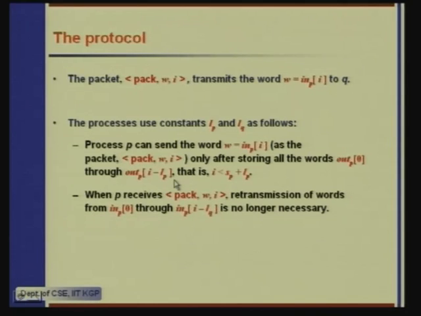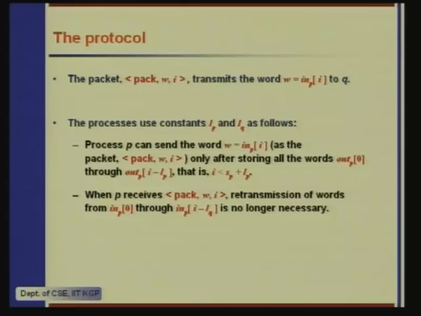Now, look at this very carefully. I am receiving words from q and storing them in out p. The process P is receiving words from q and storing them in out p. The process is sending words from in p. Okay. We are not going to allow the process to send words from in p unless a certain number of words have been received in out p.